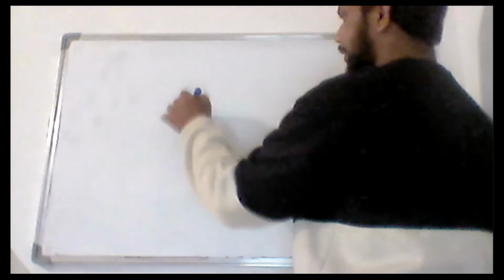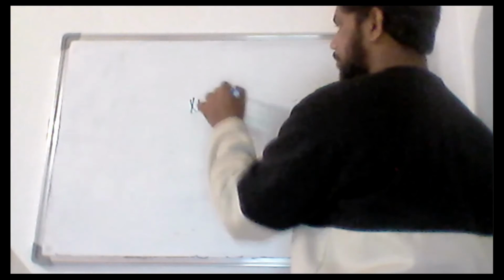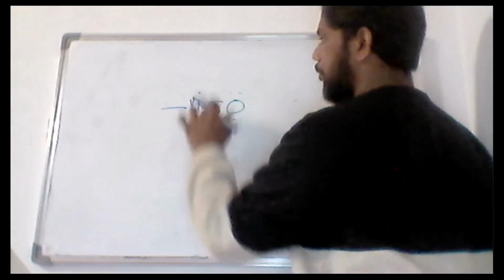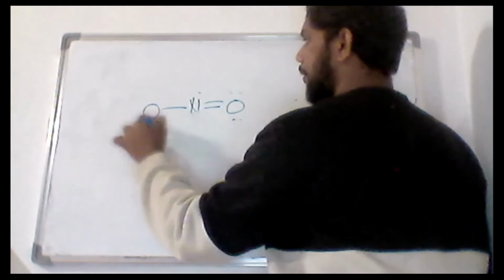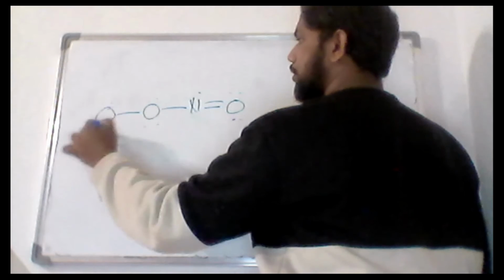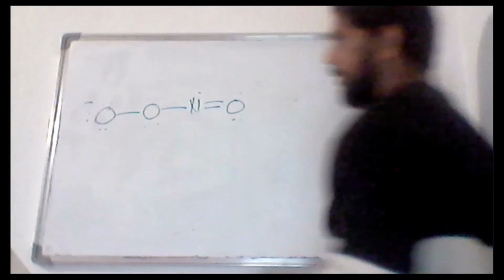Sketch the shape and the Lewis structure in part 1 above, showing approximate bond angles. Okay, so our Lewis structure was like this. There was oxygen here and oxygen here, and there was like this.